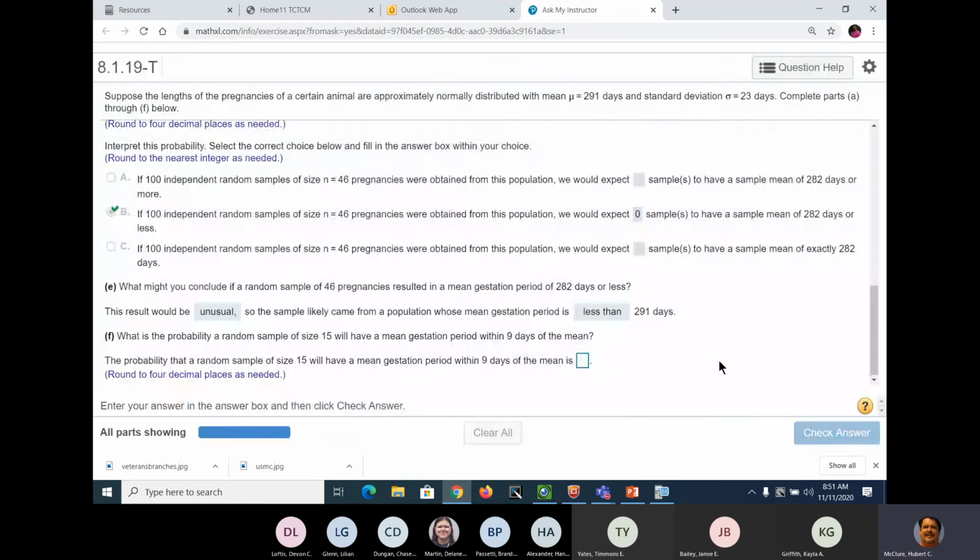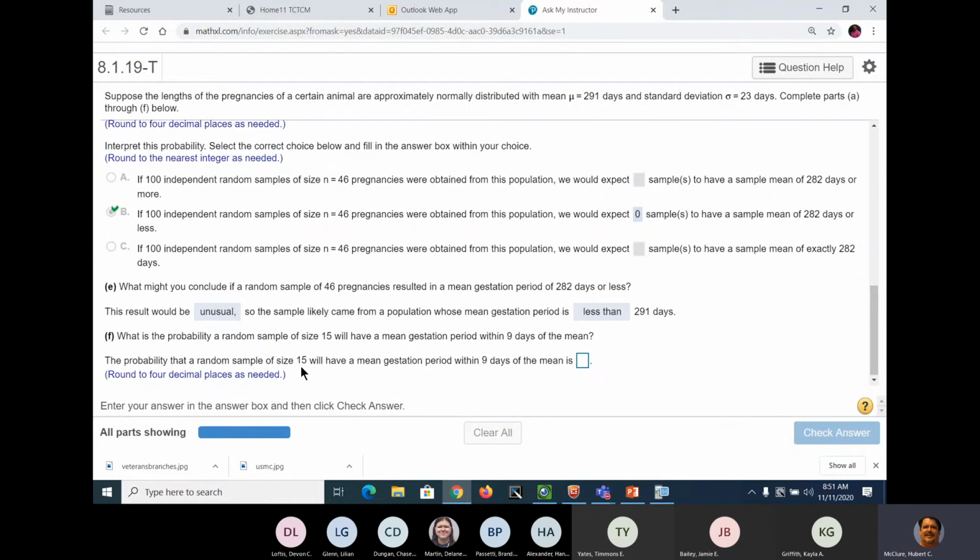Oh my gosh. The probability that a random sample size of 15 would have a gestation period within 9 days. Okay, so first of all, n is equal to 15.